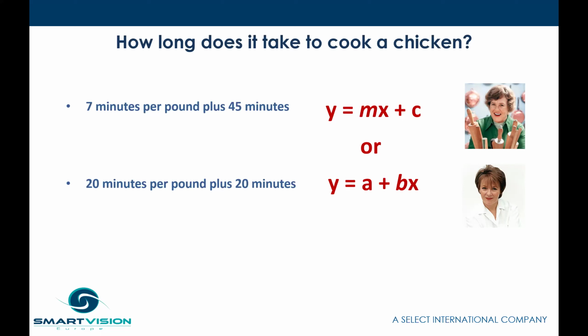So Delia would say 20 minutes for good measure. It means that if the chicken weighs 1 pound, it would be 20 minutes plus 20 minutes, so 40 minutes to cook. This is assuming, of course, that the oven's at a certain temperature, and the chicken hasn't just been taken out of the fridge. Depending on different temperatures and different settings, you may well find that you have a slightly different equation.